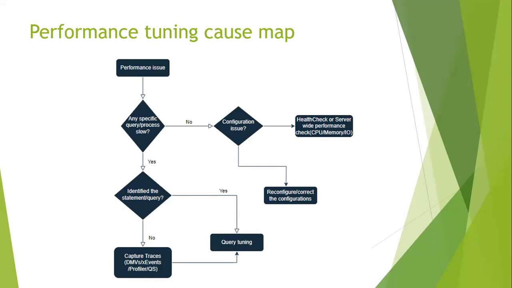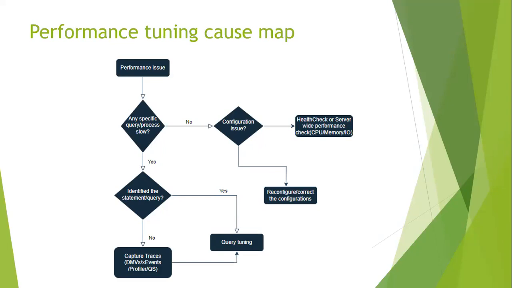Okay, let's move on. This is the high level performance cost map. Let's say you get a request from the application team, or a ticket stating that there is a performance issue. What do you mean by performance issue?